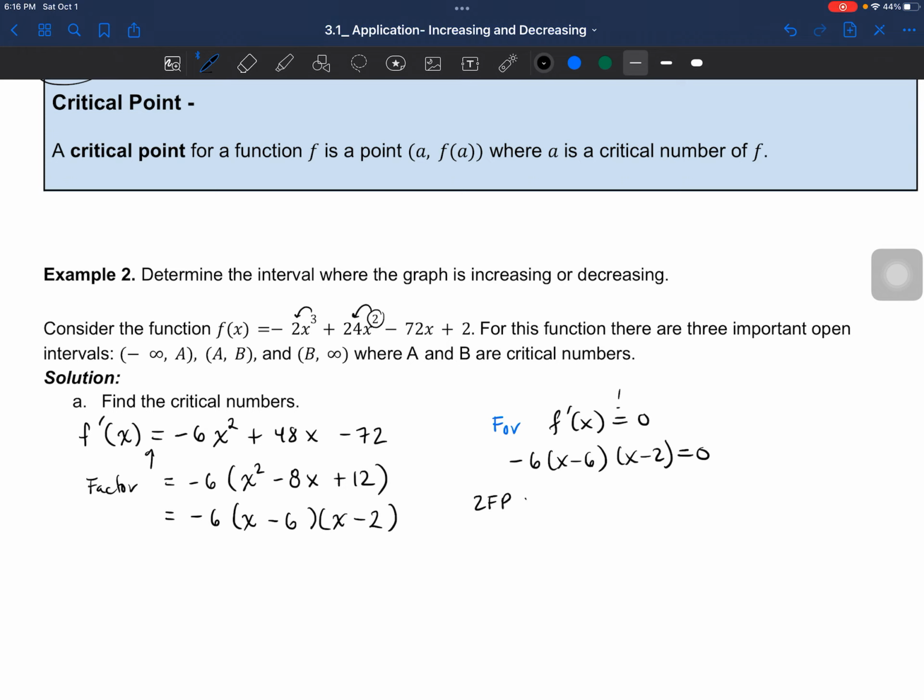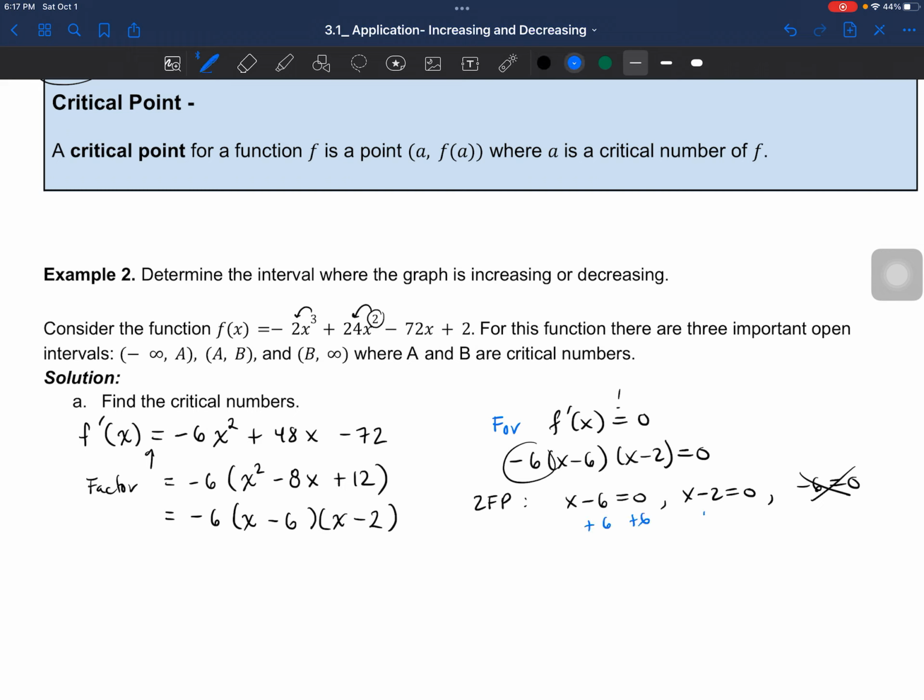That's going to happen in two cases. By the zero factor property, this happens when x minus 6 is 0 or x minus 2 is 0. Notice that we don't use the case where negative 6 equals 0, because we already know that negative 6 cannot equal 0. So that's a factor we're not going to use.